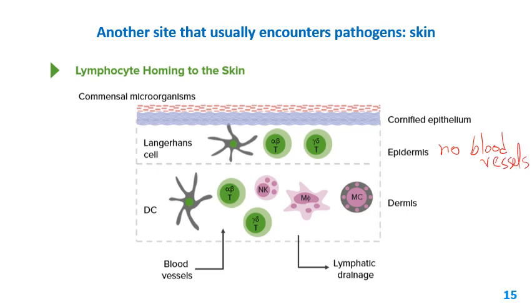So if you don't have blood vessels over there, how is the cell going to get there if it is in the blood circulation, right? Well, when you look at the dermis, you're going to see that the dermis has blood vessels.